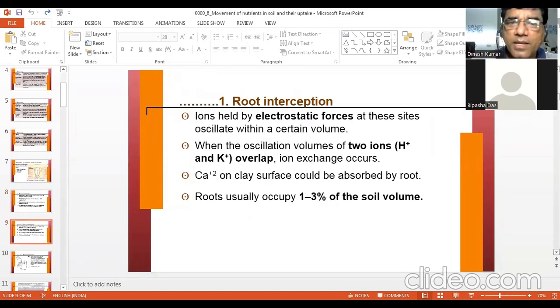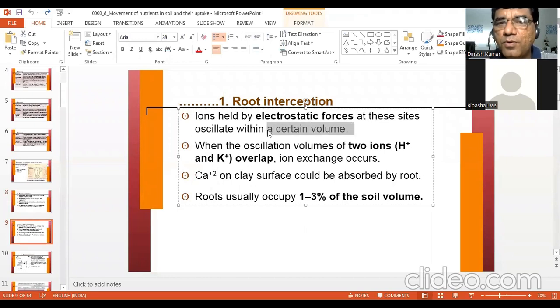So ions held by electrostatic forces at these sites oscillate within a certain volume. So ions which are there on the roots, they are hydrogen ion, and other ion which is in soil solution or exchangeable site will also oscillate, or a kind of dancing will happen. Both will dance, attract each other and exchange with each other.